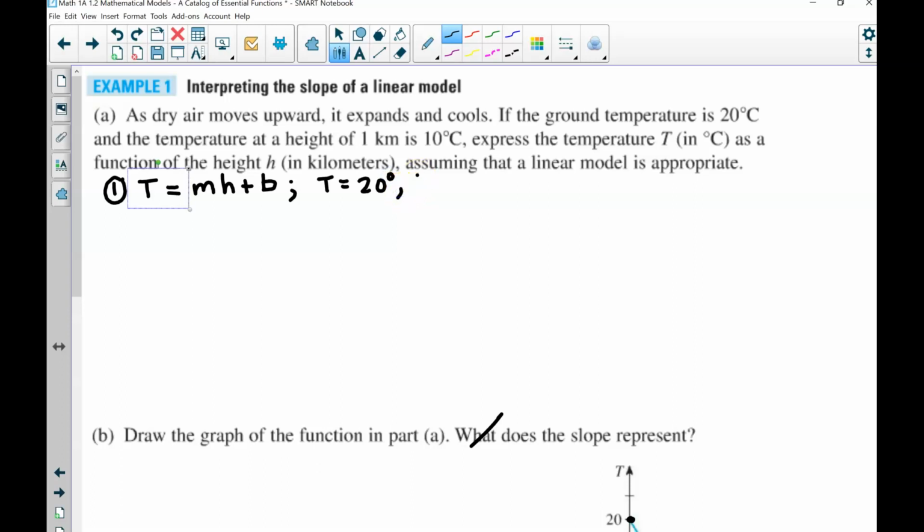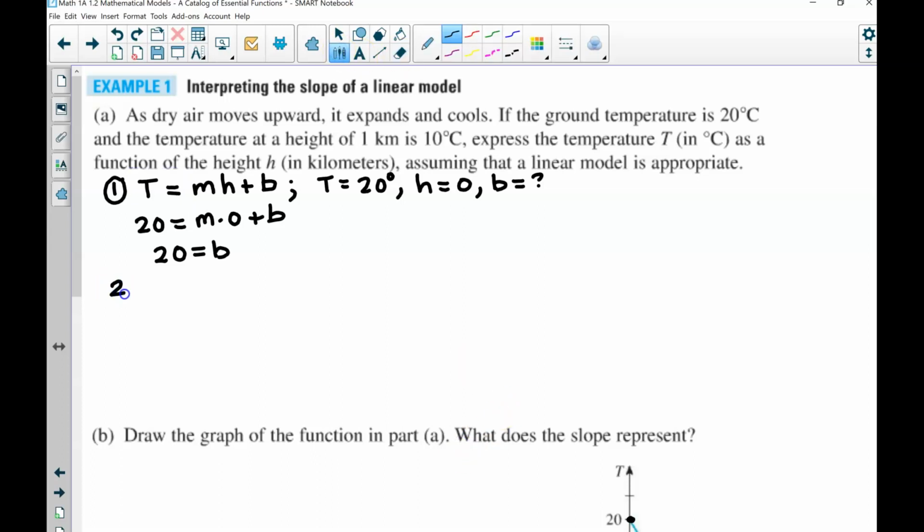And since it's at ground level, the height would have to be 0. With that given information, we can figure out the value of b, meaning the y-intercept. So let's plug it into the equation. We get 20 equals m times 0 plus b, and therefore b equals 20, which represents the y-intercept.